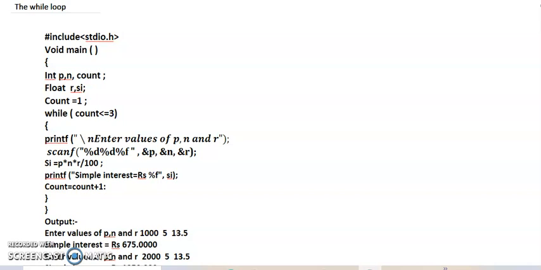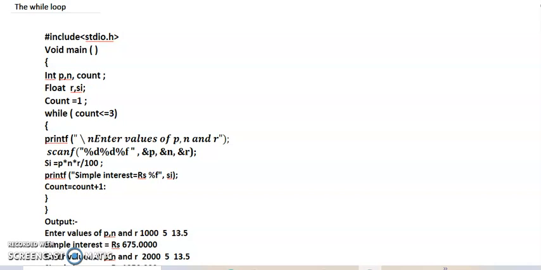The while loop is ideally suited for such cases. Let us look at a simple example which uses a while loop. The flow chart I will show, but at first we discuss the while loop.